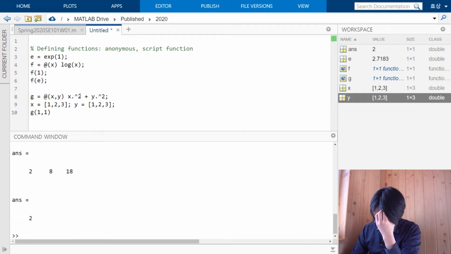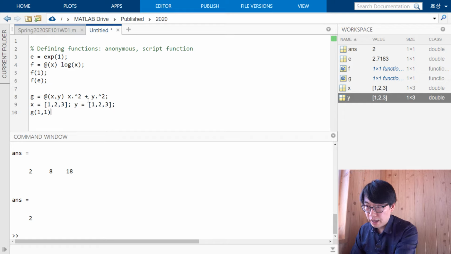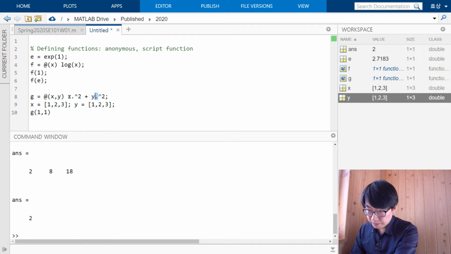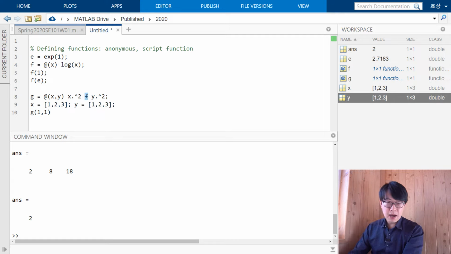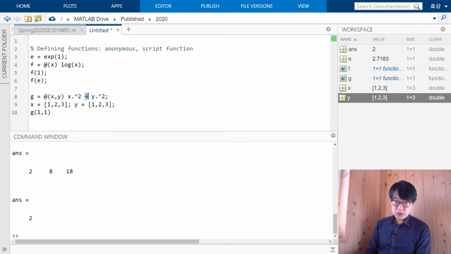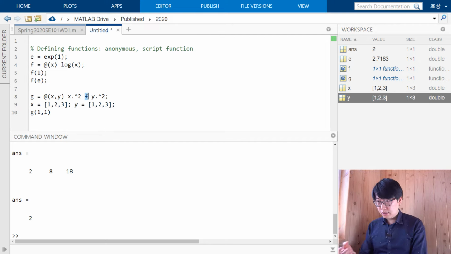In many cases you're asked to put the dots in every formula of the function, so please be careful when you define your function. Most of the time, you have to put the dot, except for plus and minus. You have to put the dot in front of multiplication, division, and the power symbol.